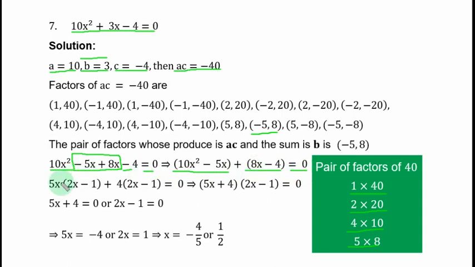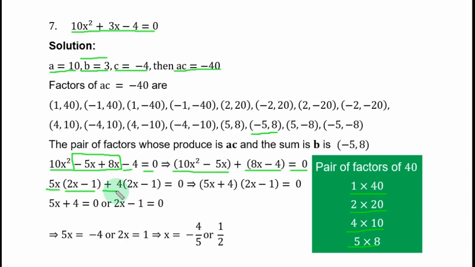From the first group, 5s is common, so you divide 10s squared and minus 5s by 5s. When you do that, you have 2s minus 1. Then plus, from the second group, 4 is common.